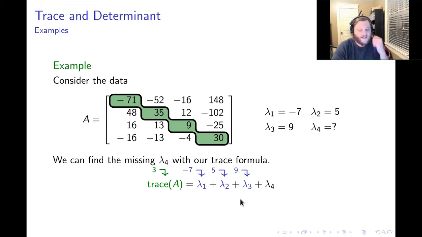So what this is telling us is that 3 should be equal to 7 plus the unknown fourth eigenvalue, which automatically forces our unknown fourth eigenvalue to be negative 4. So we've managed to figure out our unknown eigenvalue by using our trace knowledge. And we're able to do this really quickly because trace is really easy to calculate. So if you ever don't know only one of your eigenvalues, you can always figure it out with this method because the trace is always the sum of the eigenvalues.